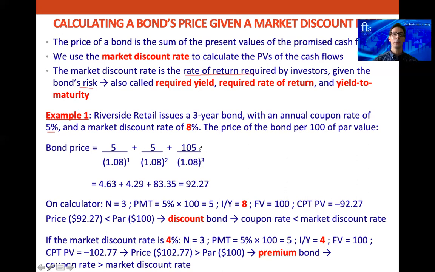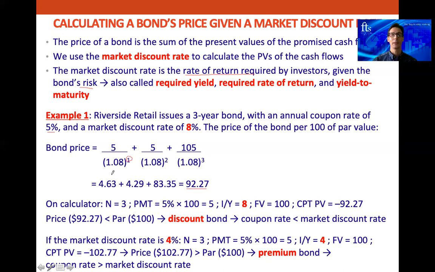Right, so now all we need to do is 3 separate little present value calculations. Once we've done all those, we sum up the values, and this gives us the value of the bond. So what have we done here? This $5, we expect that's the first coupon at the end of year 1, so we discount it back 1 year at the required rate of return.